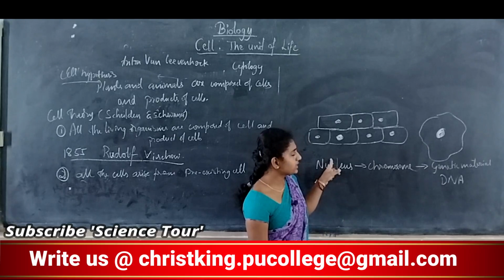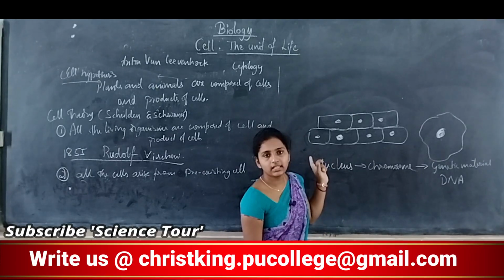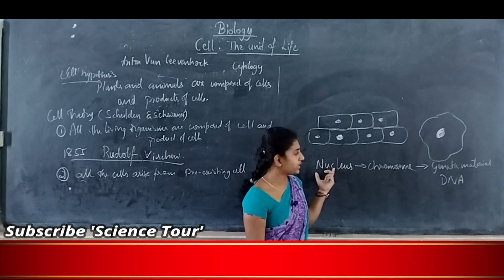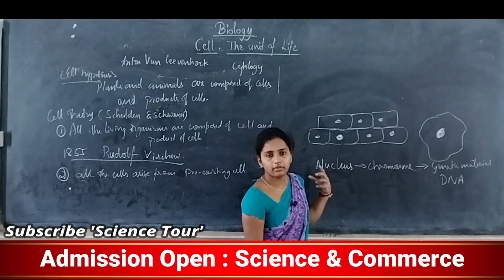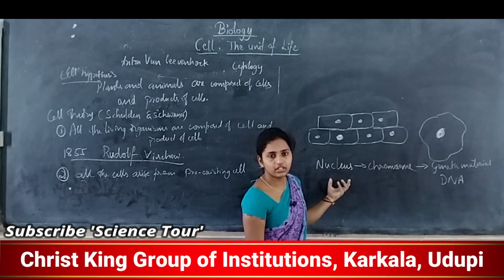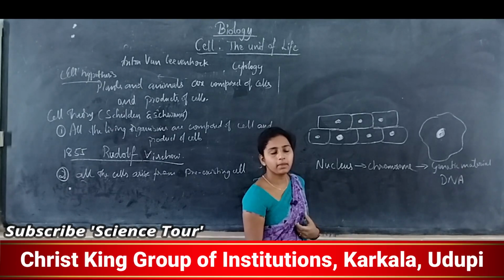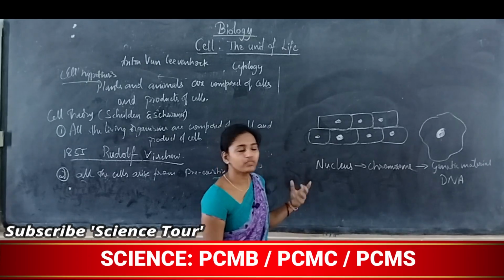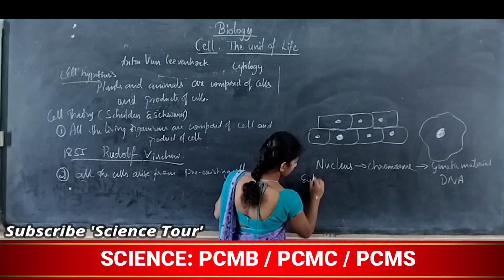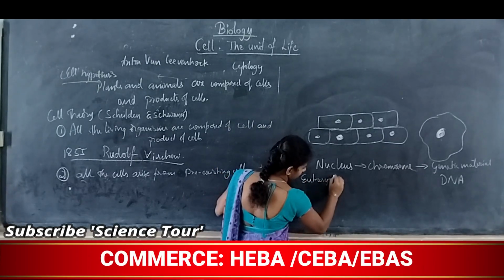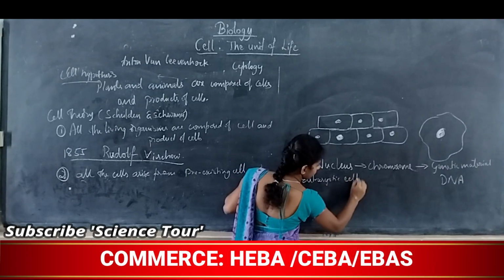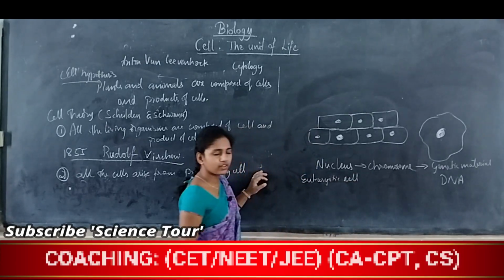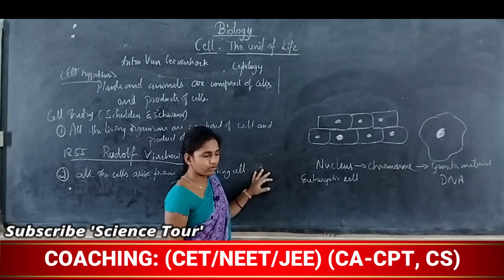In some of the cells the genetic material is not covered with a membrane. If the nucleus is covered with a membrane, that type of cell we call a eukaryotic cell. Na helidene previous class alli the difference between eukaryotic and prokaryotic cell.